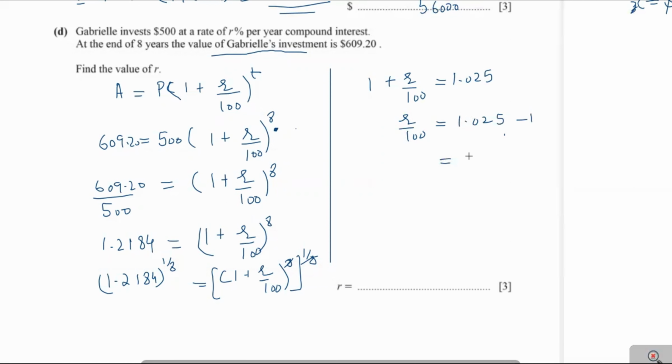That value will be equal to 0.025. So r over 100 is 0.025. Now r will be equal to 0.025 multiplied by 100. That value is equal to 2.5%. This is the rate we have to find. Now 2.5% is the answer.